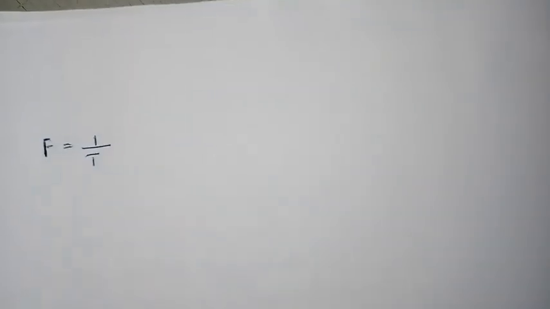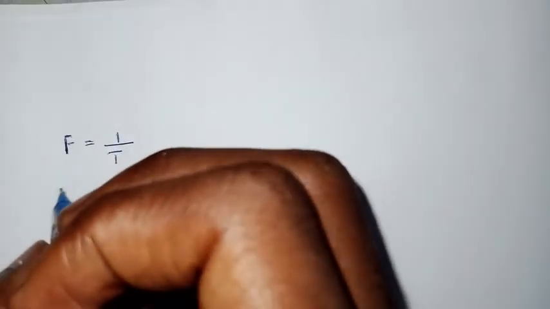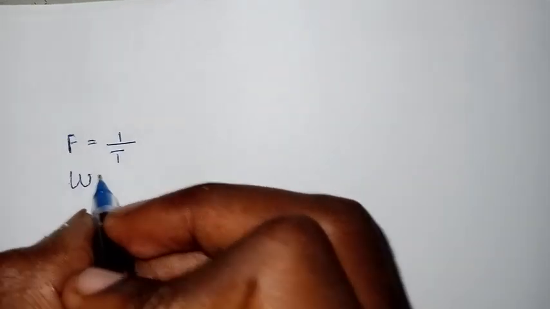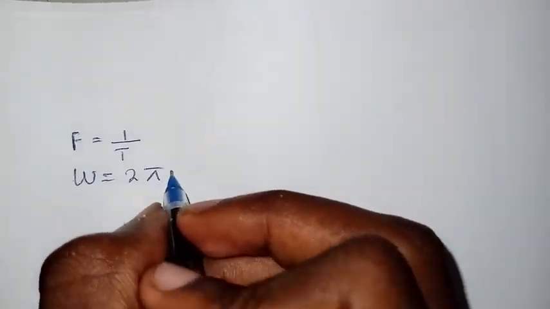How do we establish that relationship? It's not difficult, because remember we had mentioned that frequency was equal to 1 over T. But then from the formula, we say that omega is equal to 2 pi f.